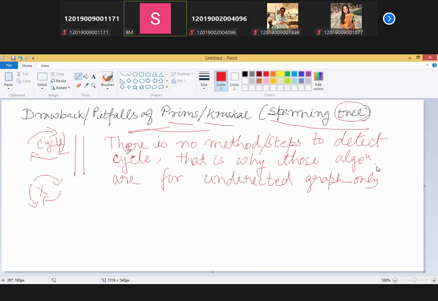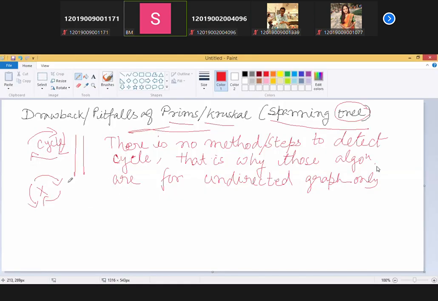If a graph has a cycle, that does not mean you cannot apply Prim's and Kruskal. But if the graph is directed, the Prim's and Kruskal methods do not have that much ability to identify.